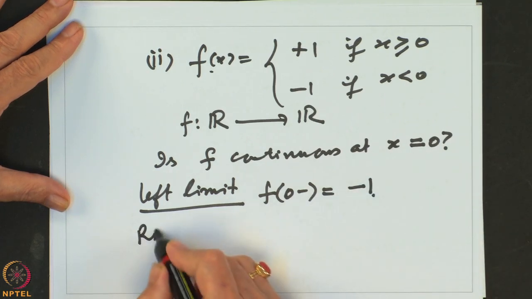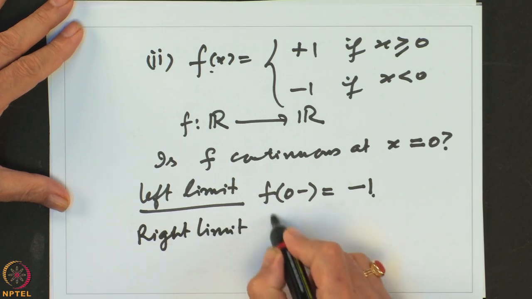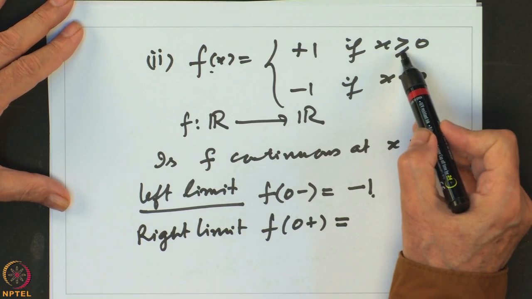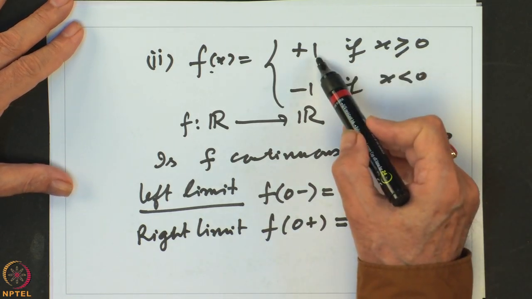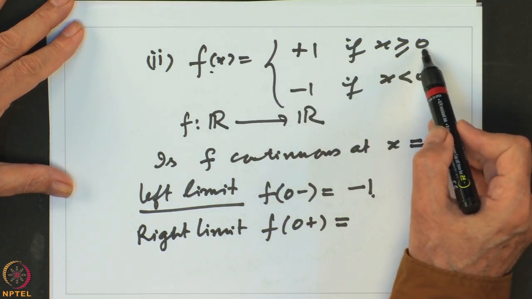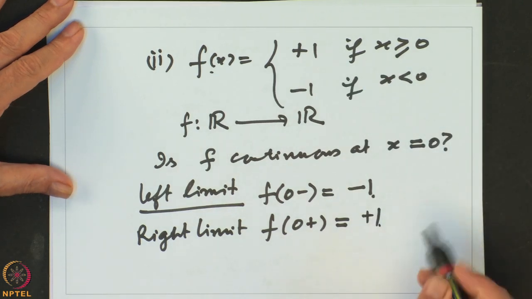What is the right limit? F of 0 plus, when x is bigger than or equal to 0, the value of the function is 1. So, if I take a sequence x n bigger than or equal to 0 and converging to 0, it will converge to 1. So, that is equal to plus 1.